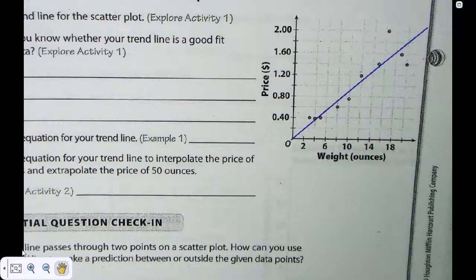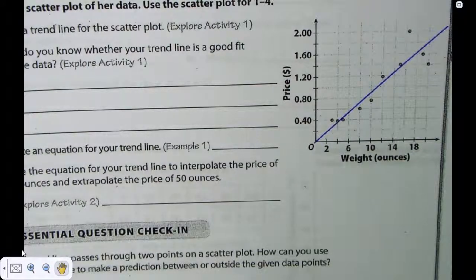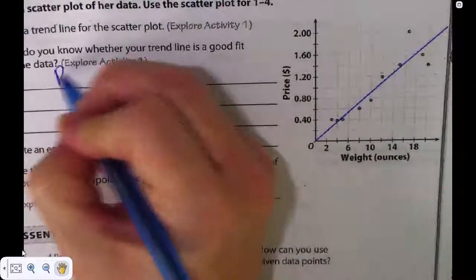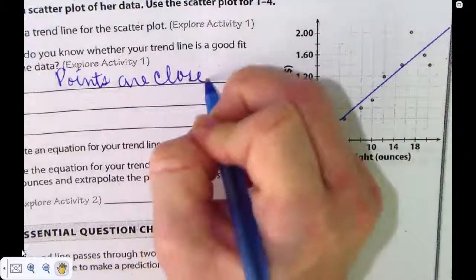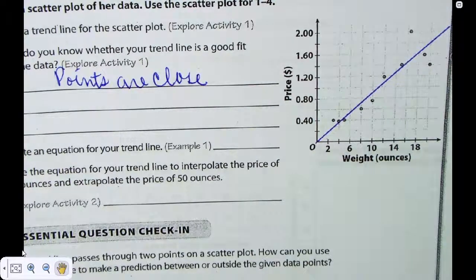How do we know whether this trend line is a good fit? Okay, good. Are the points close to the trend line? So this is a strong association.